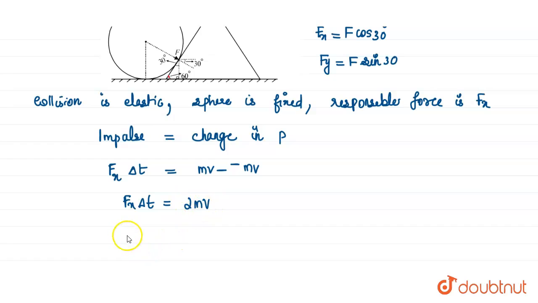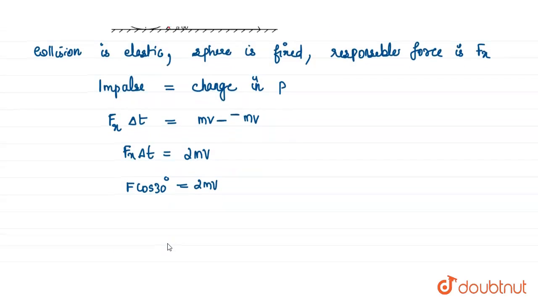It is F cos 30 degree. So F cos 30 degree into delta t equal to 2mv. What is cos 30? It is root 3 by 2. So F is equal to 4mv divided by root 3 into delta t. So this is the expression for the force which is asked in our question.